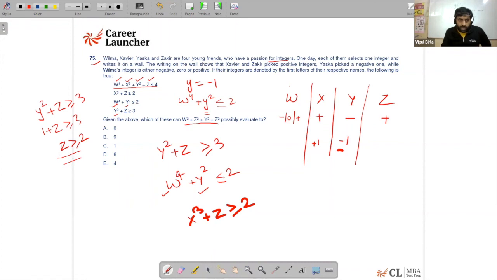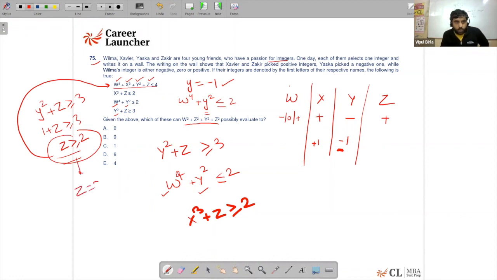Now, if we place this z greater than equal to 2 in the first equation, I know y is minus 1 and x is plus 1, and z minimum value is going to be 2 or more than that. It cannot be more than 2, because in that case, this first sum will exceed 4. So therefore, I can say z has to be 2 only.